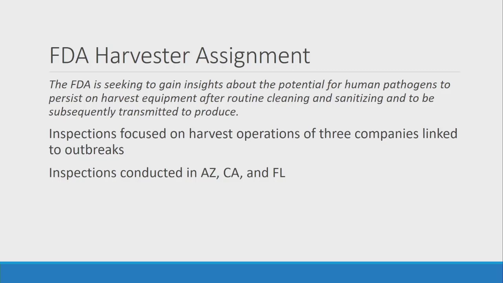And they went back to those companies and they said, we're going to do this sampling on your suppliers, and we're going to conduct inspections and do swabbing and sampling of these harvesters in Arizona, California, and Florida. All right, so I will tell you, we in Florida saw this come in and we thought, why are we included in this? Our lettuce production volume, right, is a lot smaller than what we see out on the West Coast, but here we are included in this.